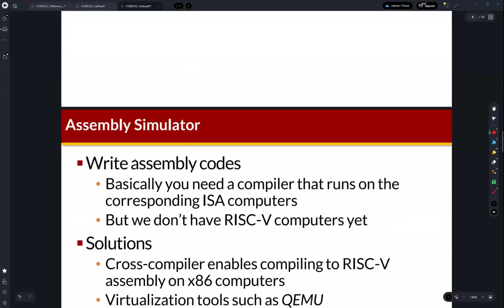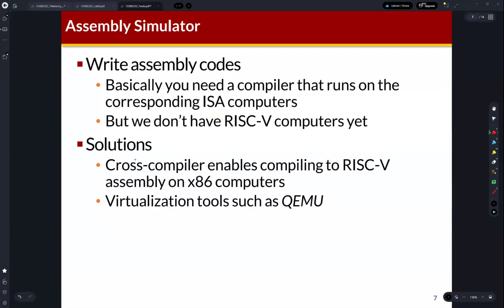And RISC-V is the open source ISA. So many simulators have been developed by the academia labs, okay? There are many open source simulators for RISC-V. It's a very good thing. It's the advantage of RISC-V research because we can use open source simulators.